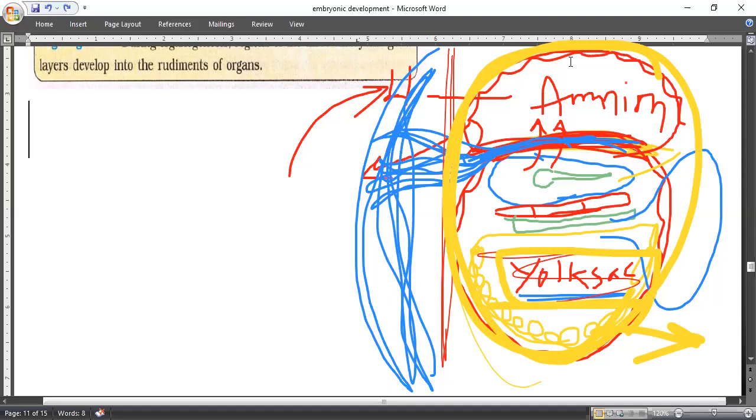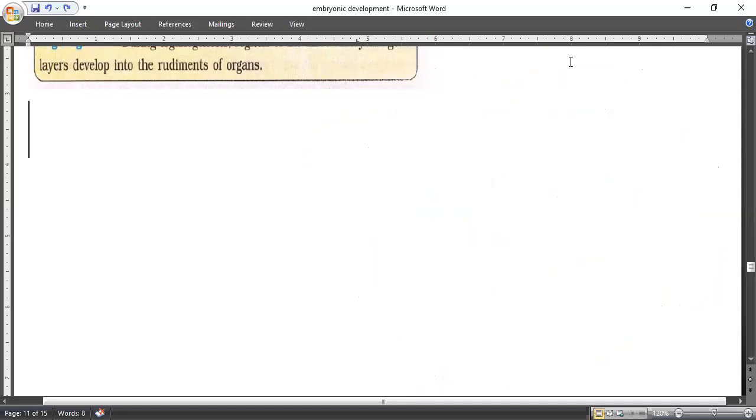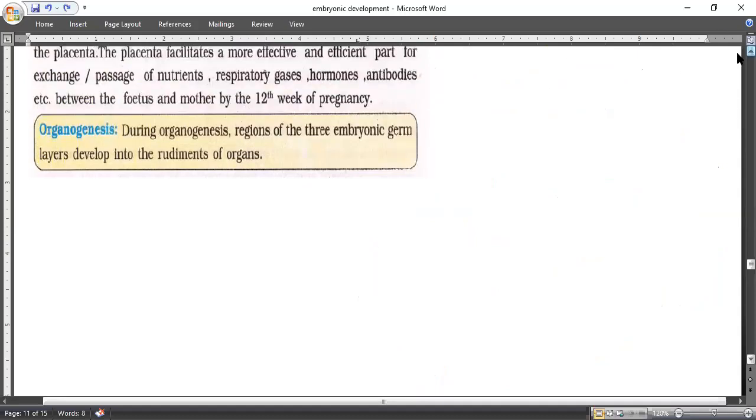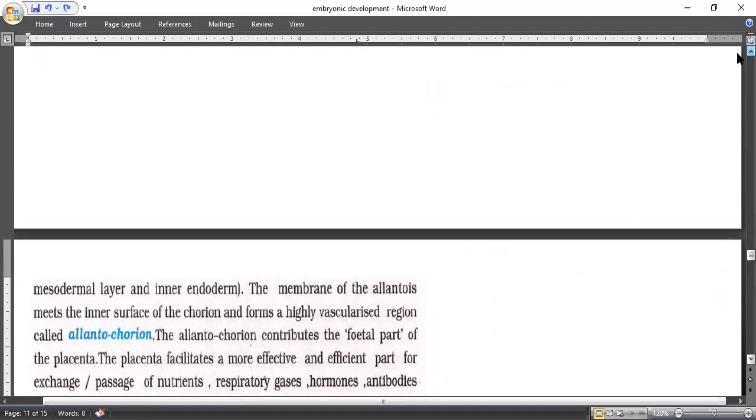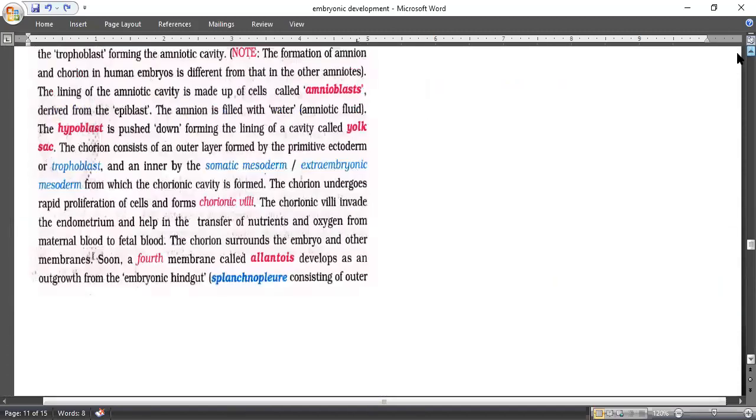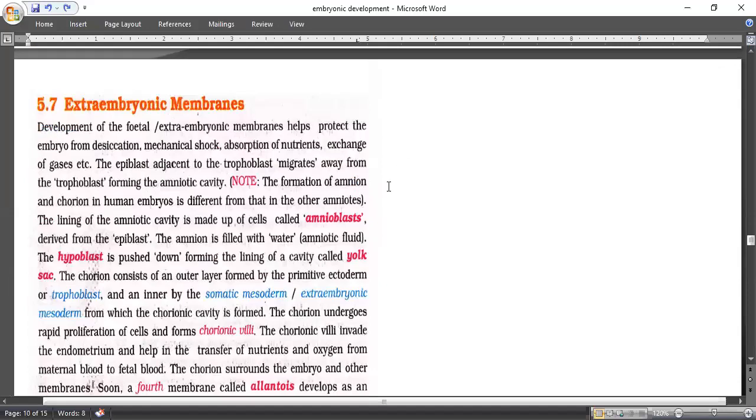But ours is different: we draw nourishment from the mother with the help of the chorion, and excretory materials are given to the mother by the allantois. That's why our placenta is called choreo-allantoic placenta.